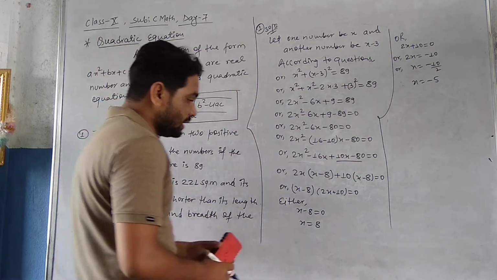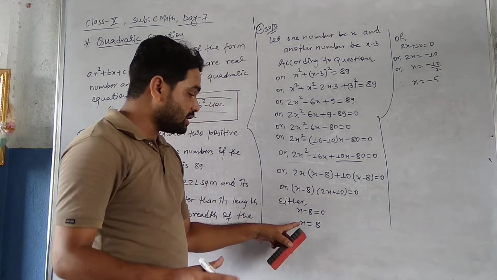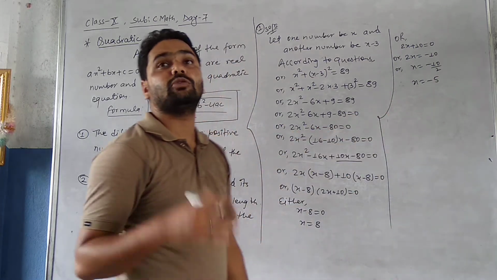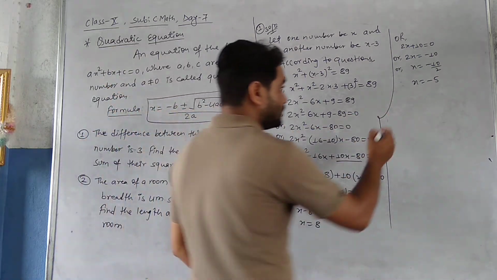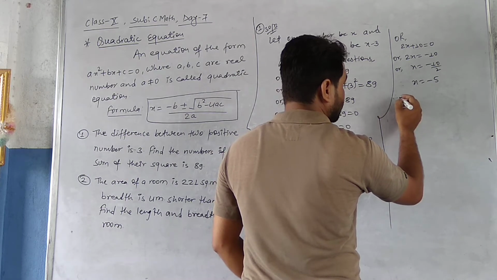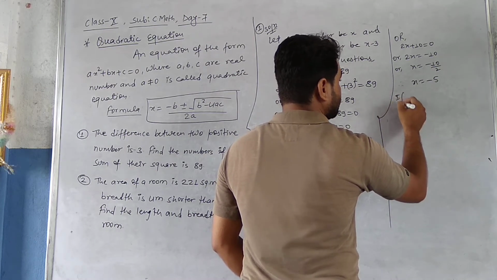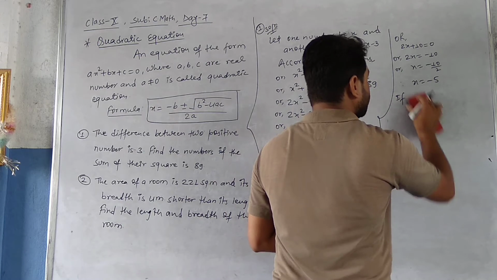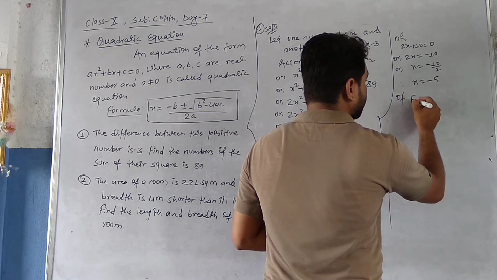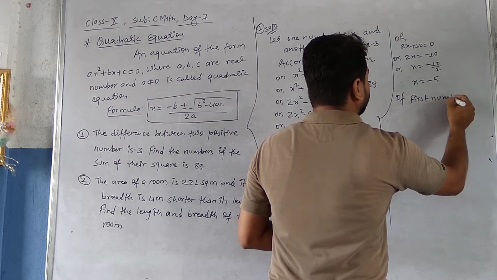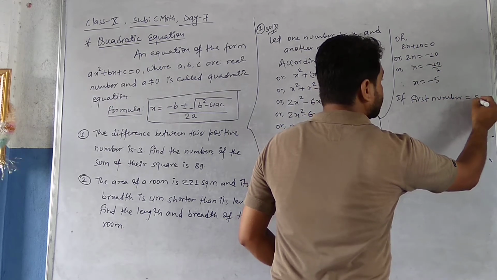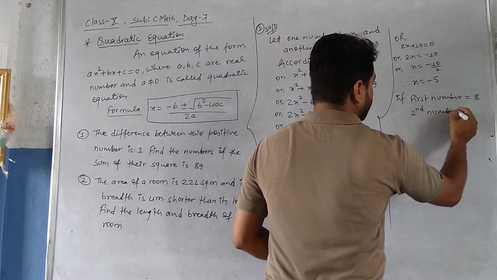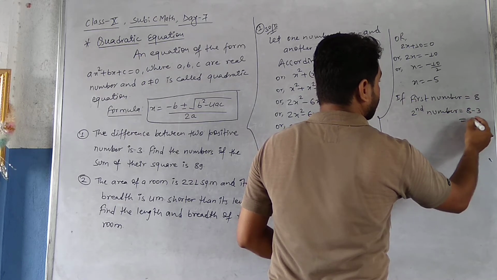So let's do the if. If the first number is 8, then what will be the second number? If the first number is minus 5, then what will be the second number? If the first number equals 8, the second number equals 8 minus 3, that is 5.